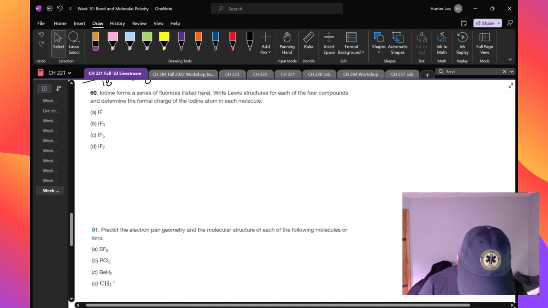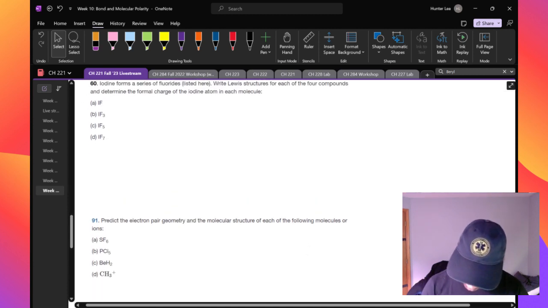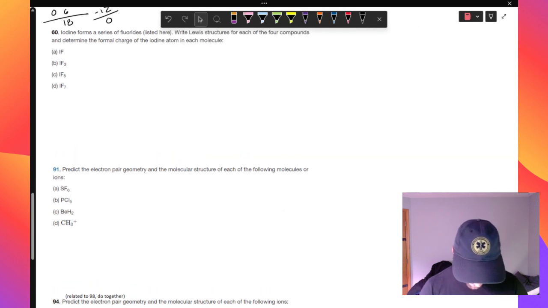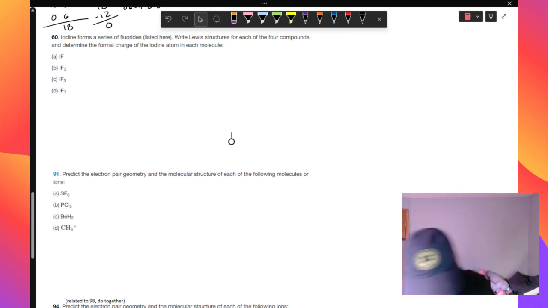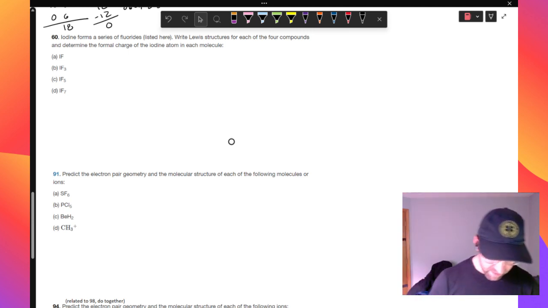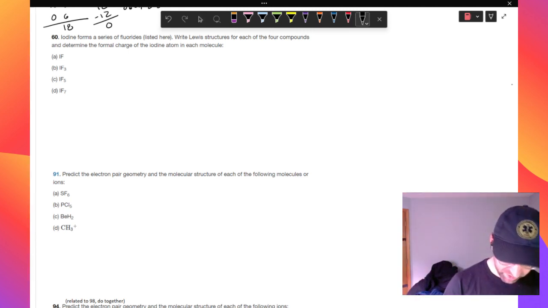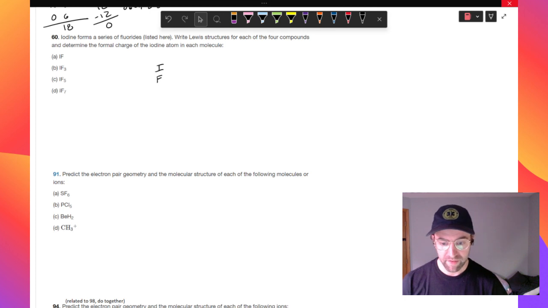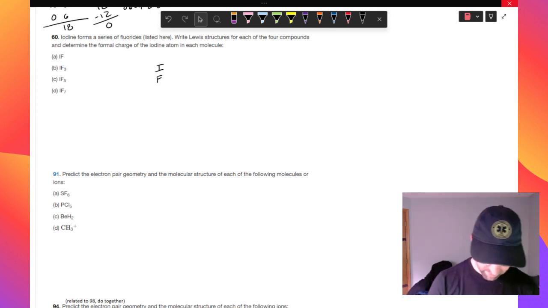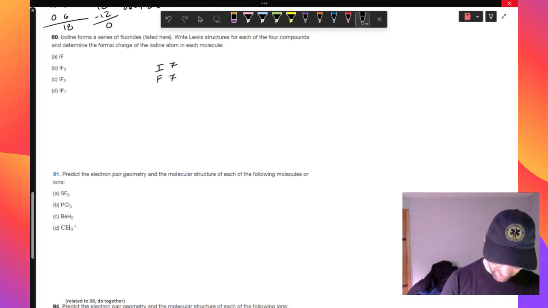Iodine forms a series of fluorides listed here. Write Lewis structures for each of the 4 compounds and determine the formal charge of the iodine atom in each molecule. All right, we'll start with A. We have iodine and fluorine. Iodine has 7 valence electrons, as does fluorine.